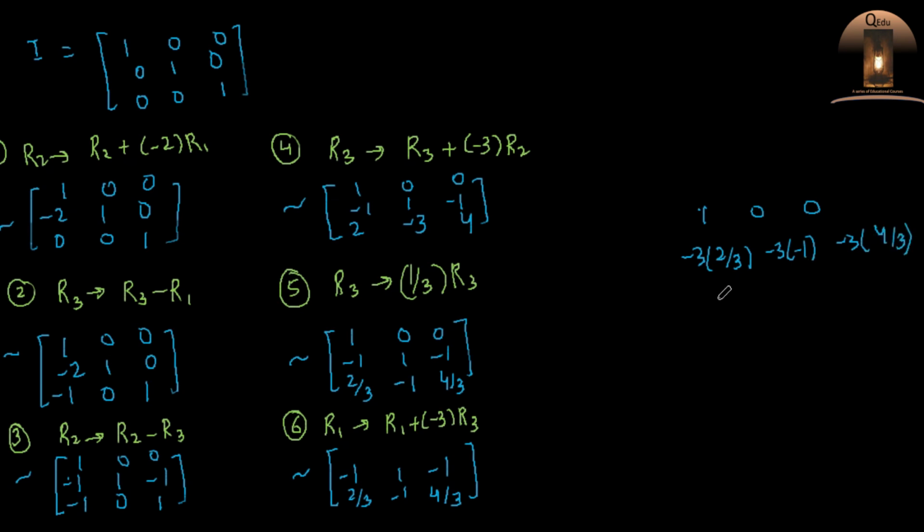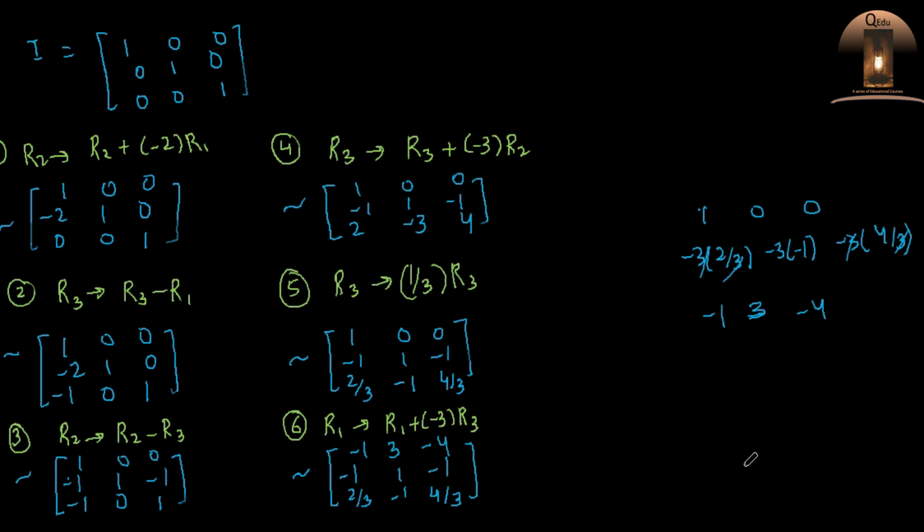Simplify, so you will have 1, and then this will be cancelled out. We have 1 minus 1 minus 2 equal to minus 1, and then 0, and this will be equal to minus 3 into minus 1 equal to plus 3. So here we have plus 3, and then 3 will be cancelled, and then we have minus 4. So this should be the element in the first row. So here we have minus 1, 3 and minus 4.